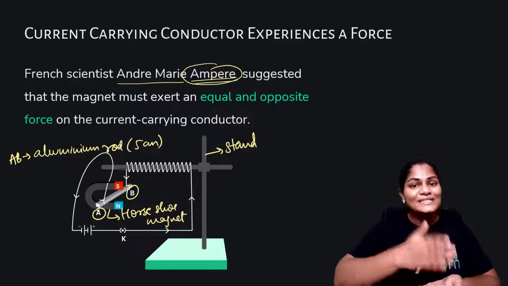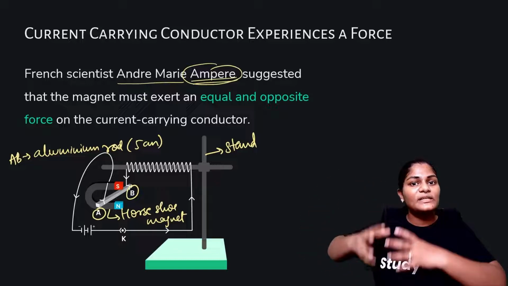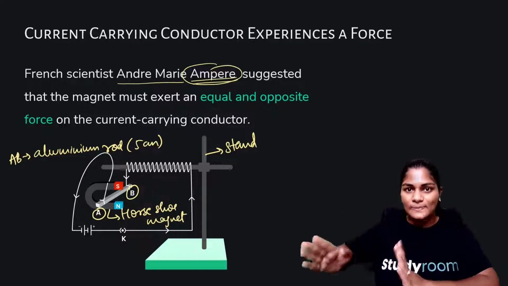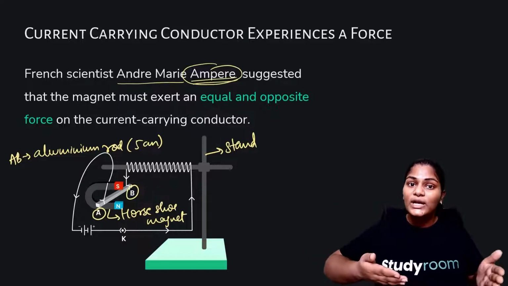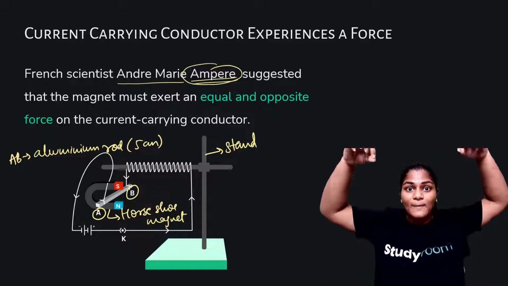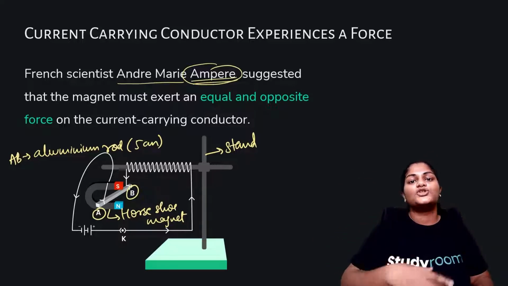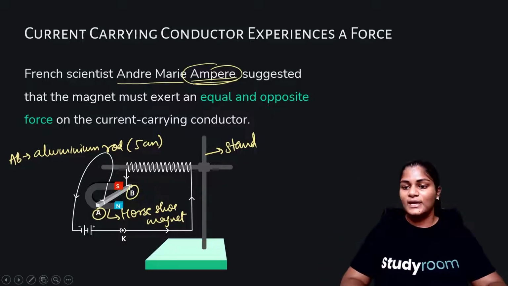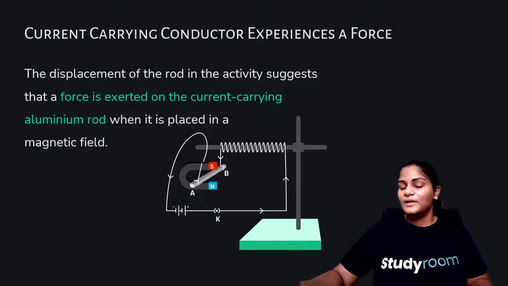Okay, so similarly, the rod exerts a force on the magnet, but because the magnet is much heavier, it does not get displaced or anything, and the magnet exerts an equal and opposite force on the rod, and because the rod is suspended by its two ends, it can easily move and it is lighter, so it gets displaced. Okay, great. Let's move on. So the next thing it says is, let's read here.